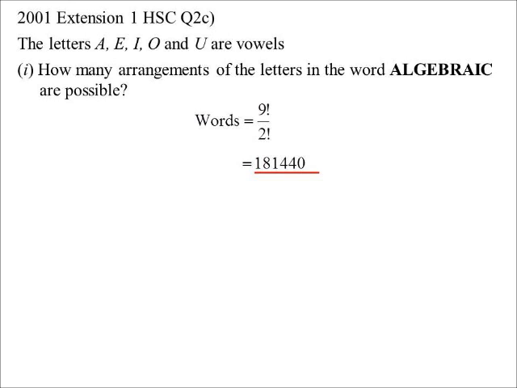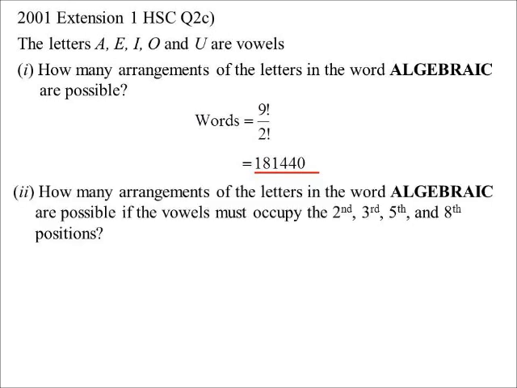Now let's put some restrictions on it. How many arrangements are possible if the vowels must go in the 2nd, the 3rd, the 5th, and the 8th positions? So all right, we've got to arrange the vowels first. So 1, 2, 3, 4, and I'm hoping we only have 4 vowels in this particular word. Have we?